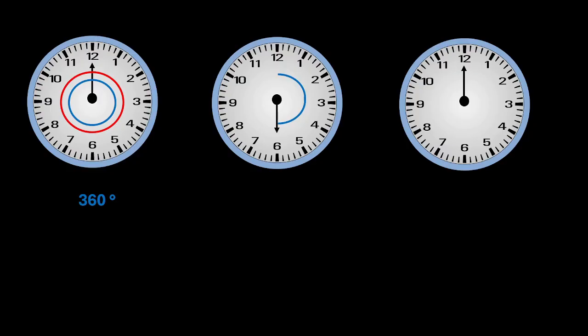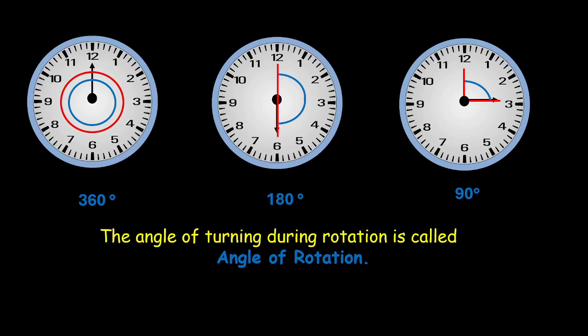That is half of 360 degrees, which means an angle of 180 degrees. Similarly, if it moves from 12 to 3, it covers a quarter of a circle. That is an angle of 90 degrees. This angle of turning during rotation is called angle of rotation.